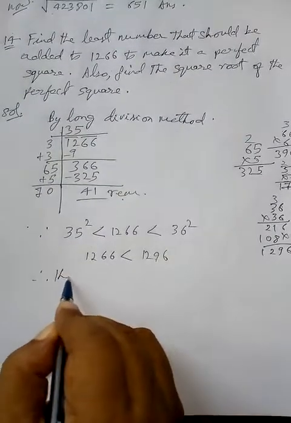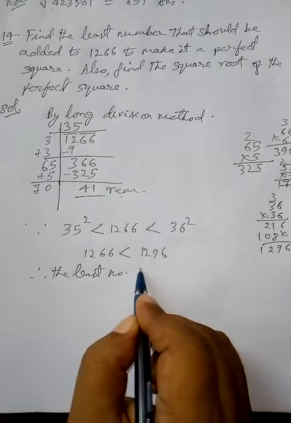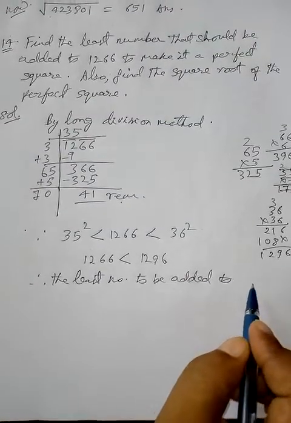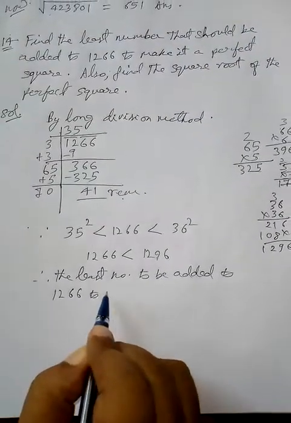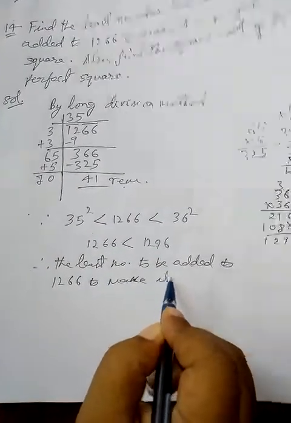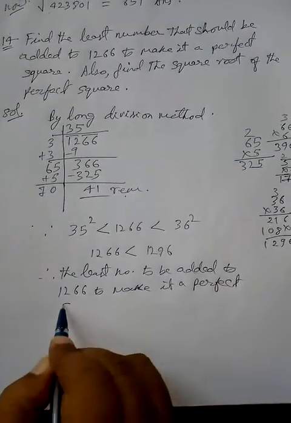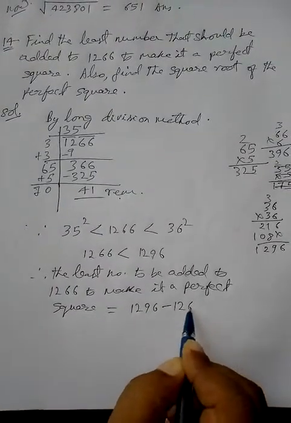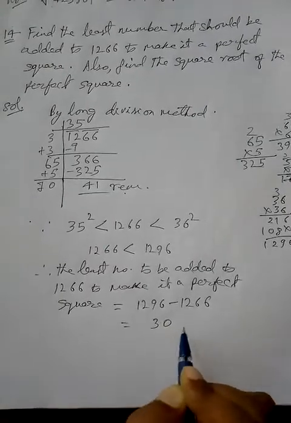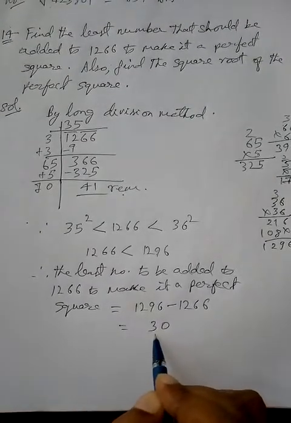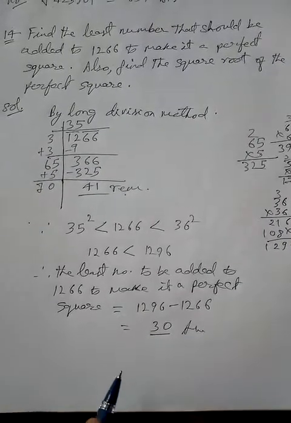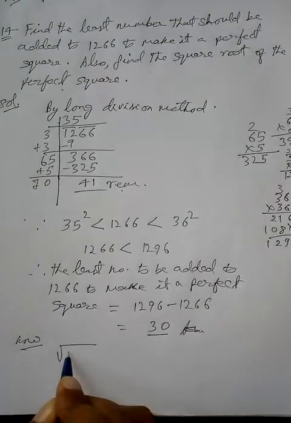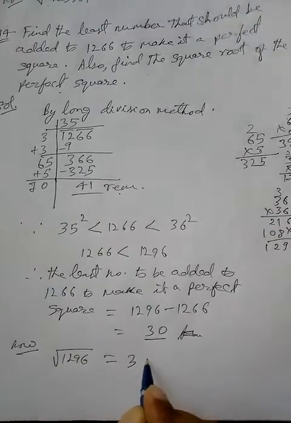Therefore the least number to be added to 1266 to make it a perfect square is 1296 minus 1266, which is equal to 30. 30 must be added, it is the least number that should be added to get a perfect square. Now the square root of 1296 is 36.